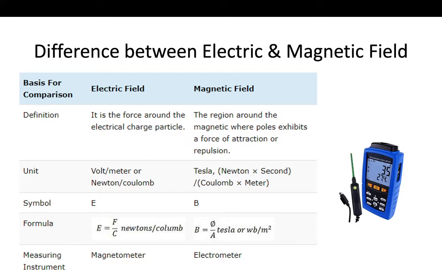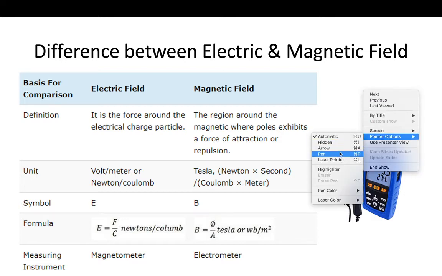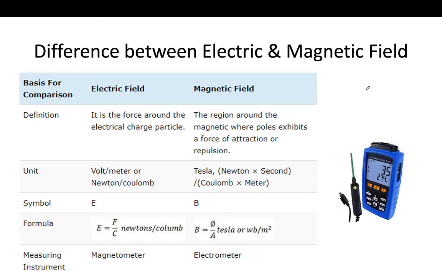And measuring instruments: magnetometer and electrometer. In this picture you can see a magnetometer. This is used to find the magnetic field.